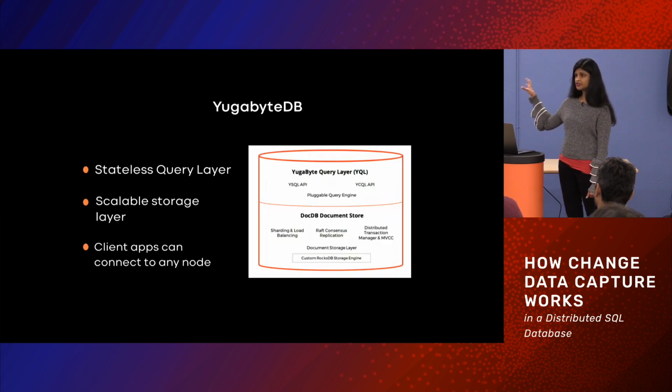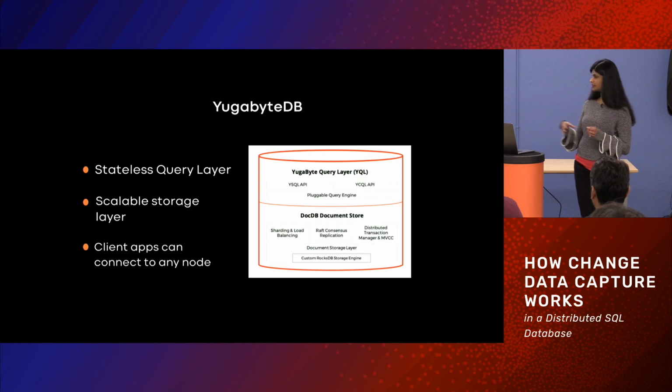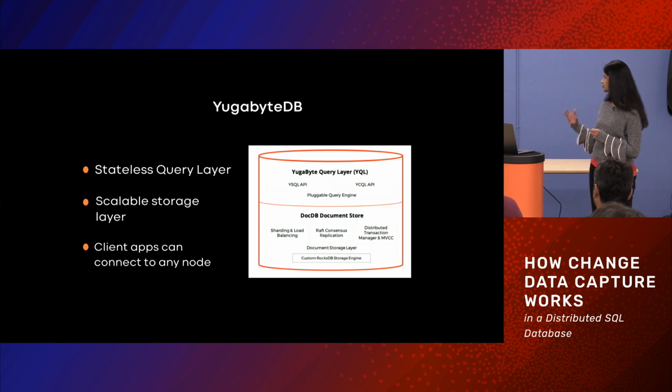This is what each node of Yugabyte looks like. The top half is a stateless query layer, which takes in client requests, does the query planning, figures out which data needs to be read, where that data resides. And then the bottom half is what we call the DocDB layer, which is a scalable storage layer.